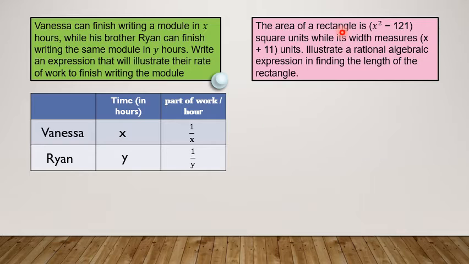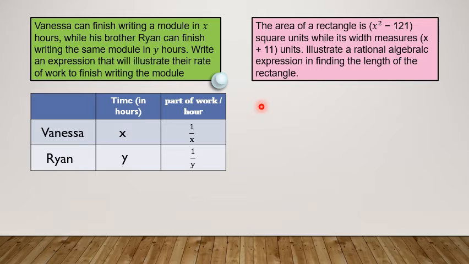Another problem: the area of a rectangle is the quantity x squared minus 121 square units, while its width measures the quantity x plus 11 units. Illustrate the rational algebraic expression in finding the length of the rectangle. So take note, the formula of the area of a rectangle is length times width.